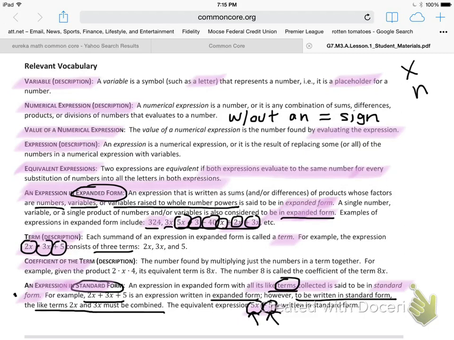A coefficient is defined as the number found by multiplying just the numbers in a term together. For example, if you're given the product 2 times x times 4, its equivalent term is 8x. That number 8 is called the coefficient of the term 8x.